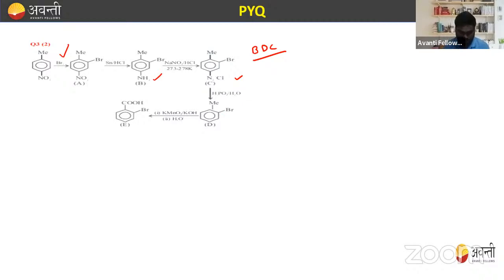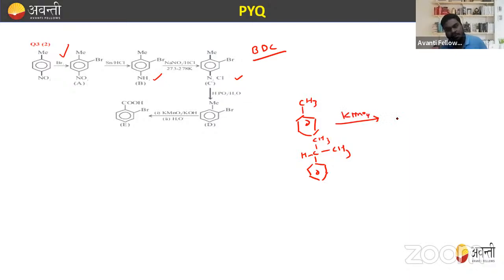Now, oxidation with KMnO4. Always remember, beta, whether it is toluene like this, or it is like cumene, whenever it undergoes oxidation with KMnO4, it always forms benzoic acid.